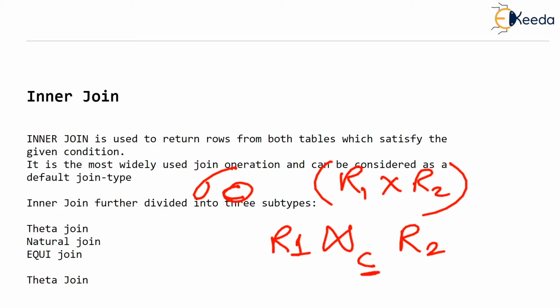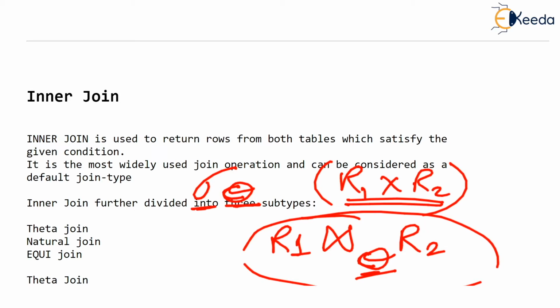And that's what we are calling theta. Of course, the cross product has to be followed by a condition, and this type of join, where we find the cross product and then select some rows in which we are interested by writing a theta condition, is called theta join.